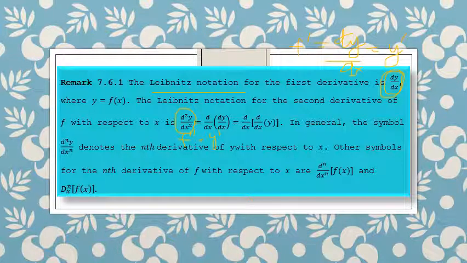And other symbols for the nth derivative of f with respect to x are eto siya, or eto. Pero ang usual kasi na ginagamit is si f prime lang, or si y prime, para hindi na masyadong confusing.